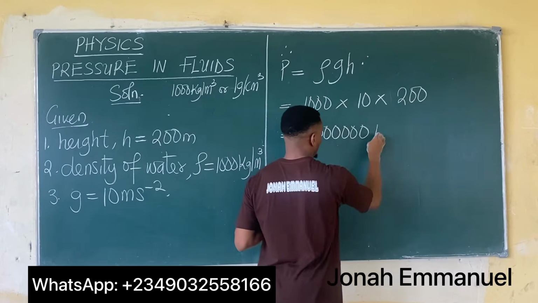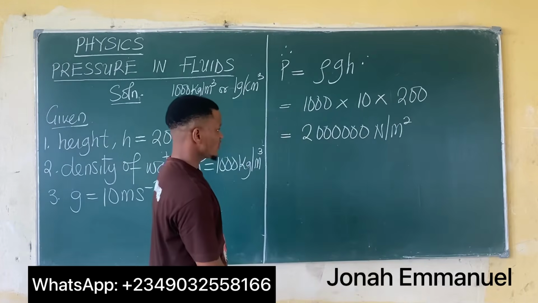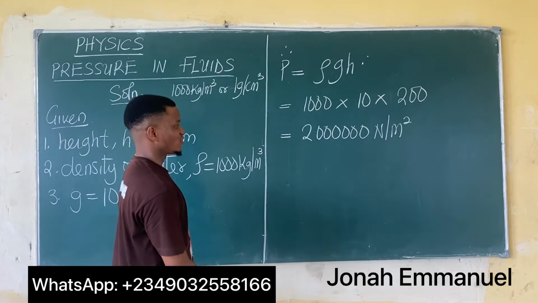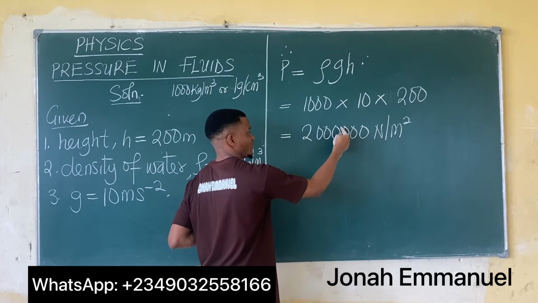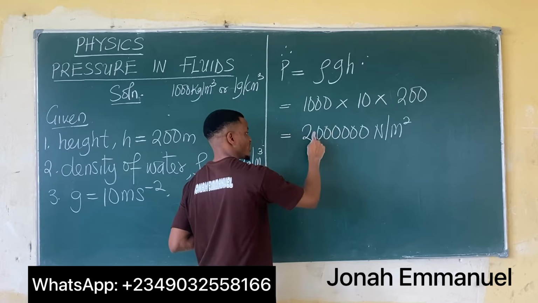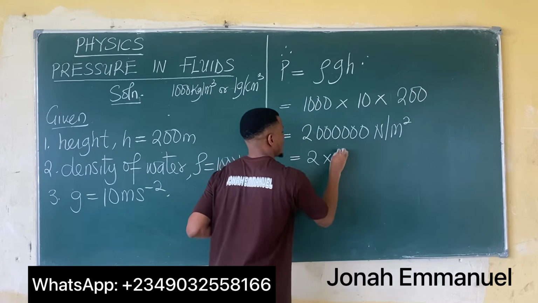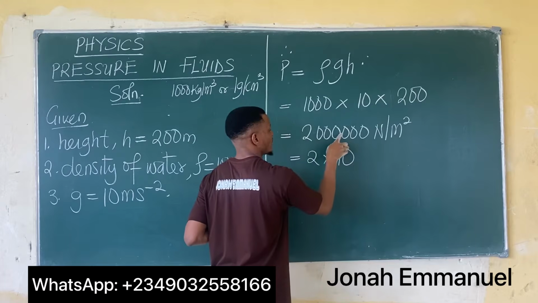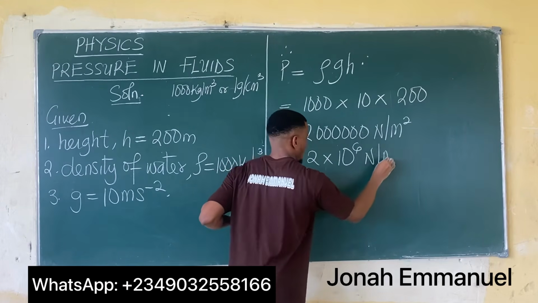Pressure is measured in Newton per meter squared. So this is my answer. Perhaps I should do some conversion. From here I have 1, 2, 3, that's kilo. 1, 2, 3, that's mega. So that's equal to 2 times 10 to the power 6, I have 6 zeros, Newton per meter squared.